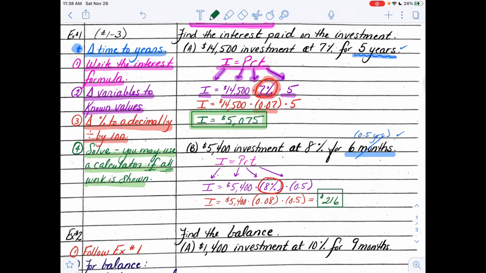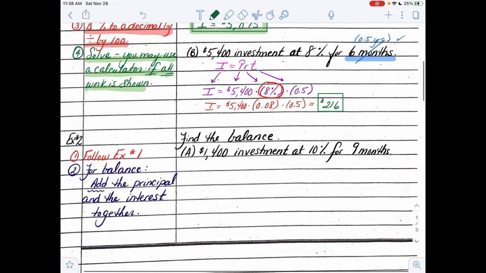So by allowing them to borrow my money or use it in an investment for half a year, 6 months, at 8% interest, I will have earned $216. But now, that doesn't mean that's how much they give me back. That is just the extra money that I got paid for them using it.